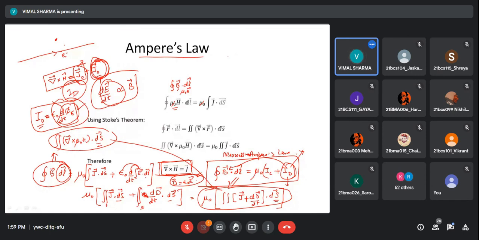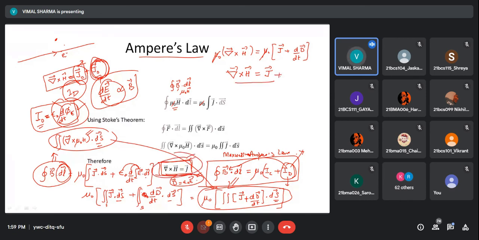So equating integrands, it is mu naught times curl of H, which I'm writing outside, equal to the integrand on this side: mu naught is there, and inside square brackets I have the integrand, that is J plus d by dt of the electric displacement vector. I can cancel this with this. So my modification is what? Earlier it was only J. This is Ampere's law.